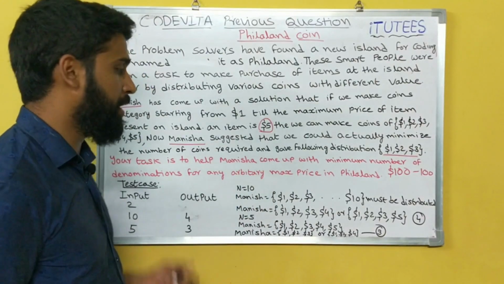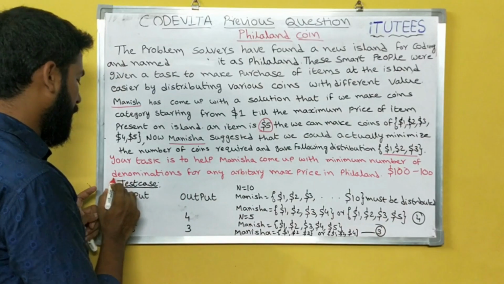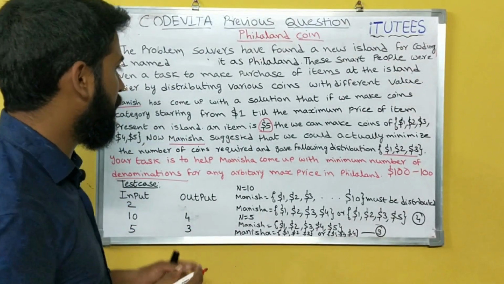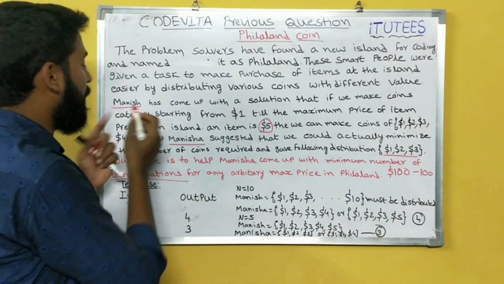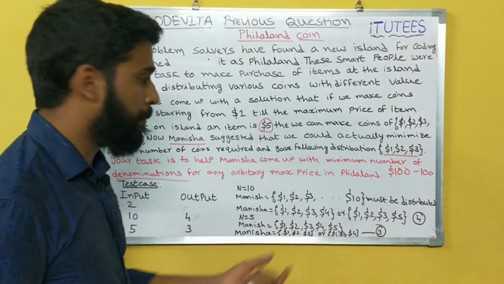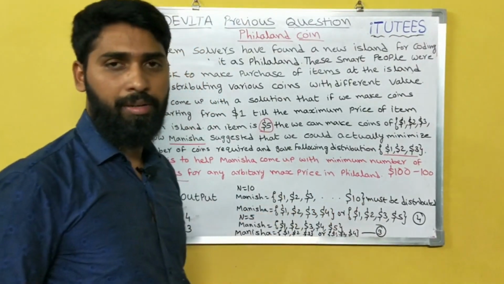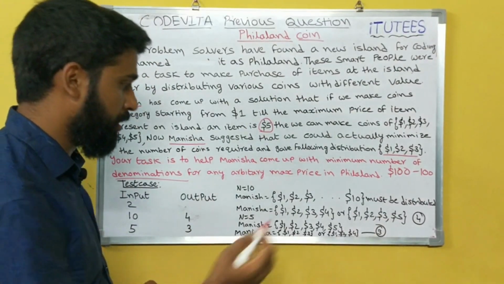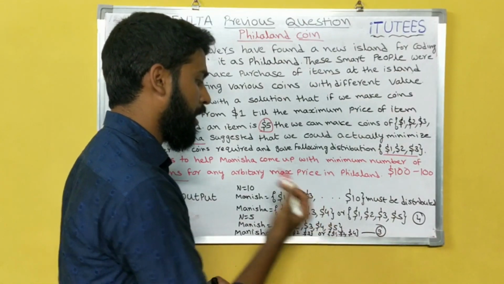For example, we are going to find the minimum number of denominations. What does that mean? Here, for example, 10 is the highest price. As per Manish, we are going to make the coins 1, 2, 3, 4, 5, 6, 7, 8, 9, 10. But as per Manisha, that is reduced. How? $1, $2, $3, $4.